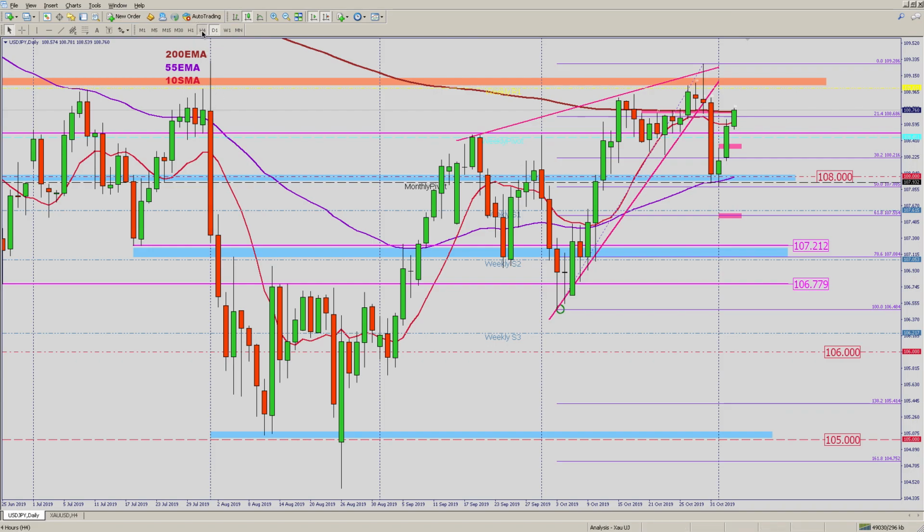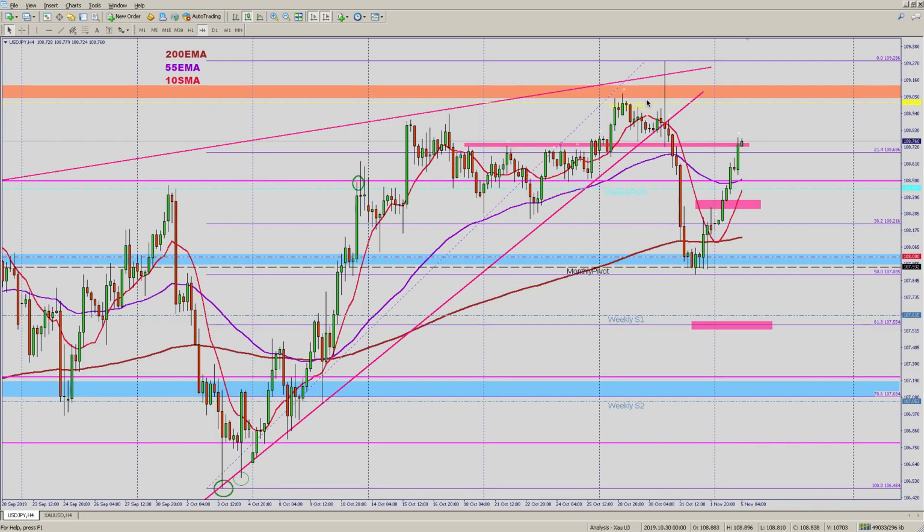Let's take a look at the 4-hour time frame. This was the previous resistance turned support, and now it's creeping back up above this intermediate resistance area, around the 108.75 area.